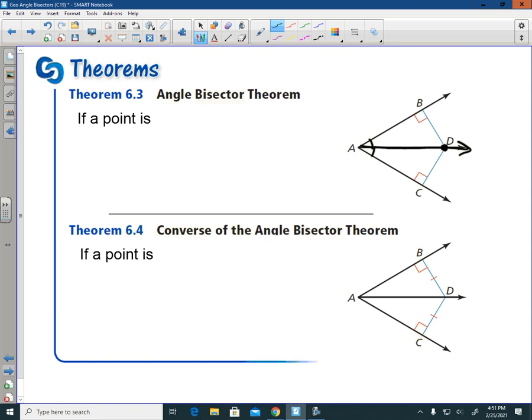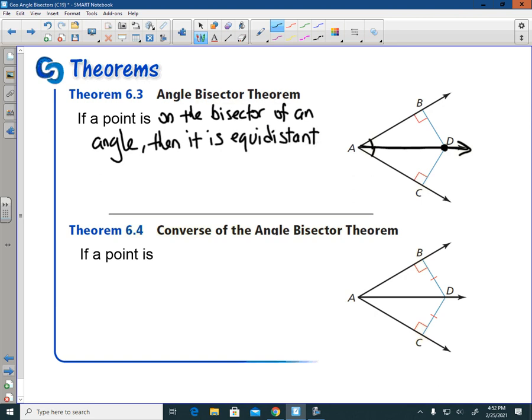Now, what this theorem says is this: if a point is on the bisector of an angle, then it is equidistant from the two sides of the angle.